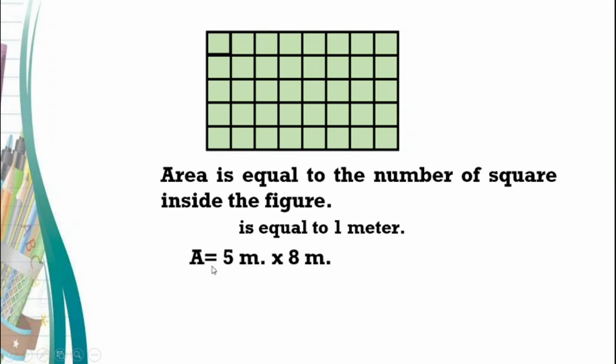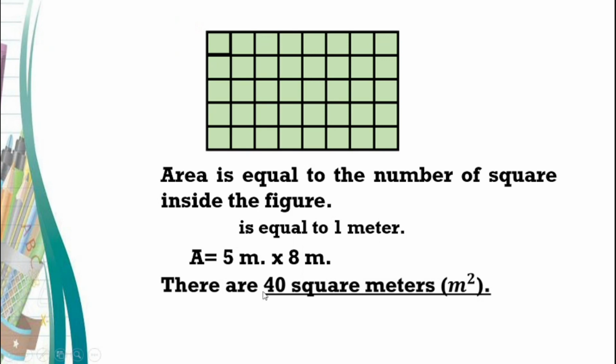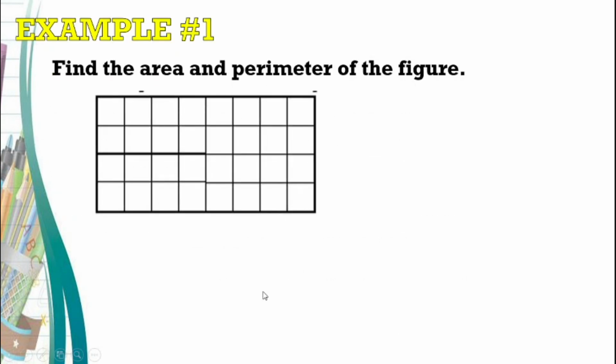So area is equal to 5, 1, 2, 3, 4, 5. Multiply it by 8. So the answer is 40 square meters. Therefore, the area is 40 meters squared.